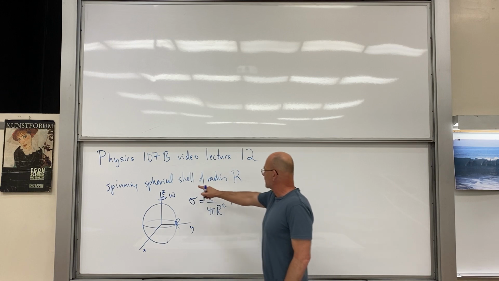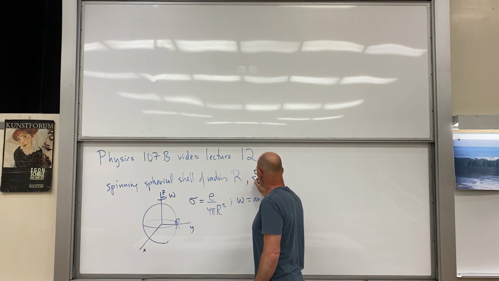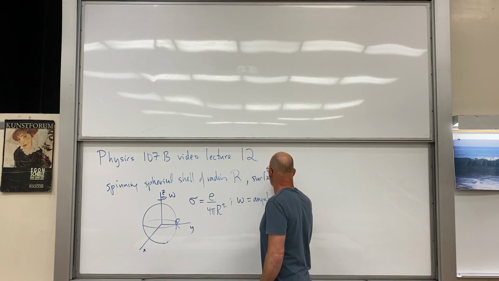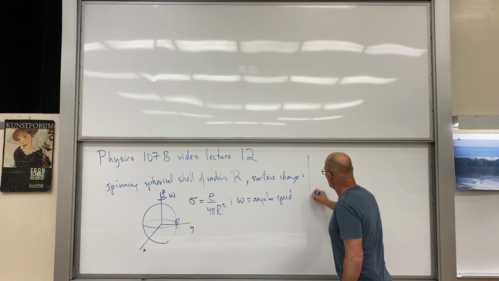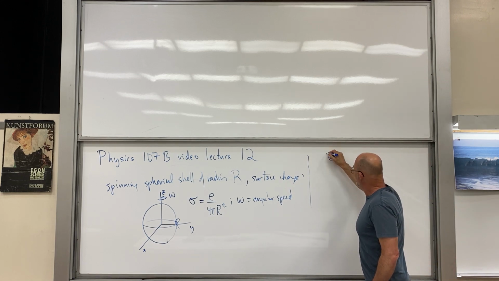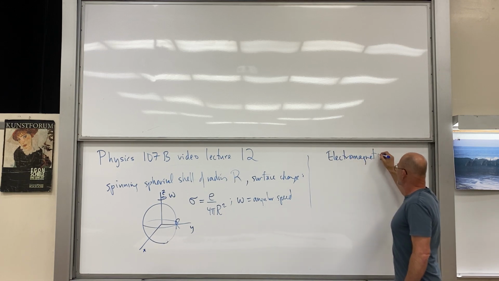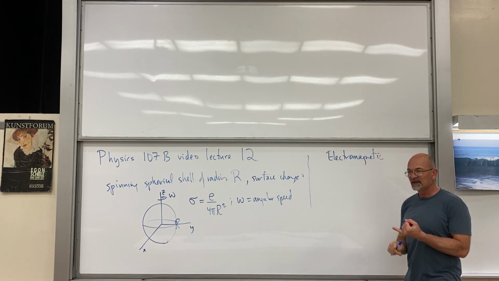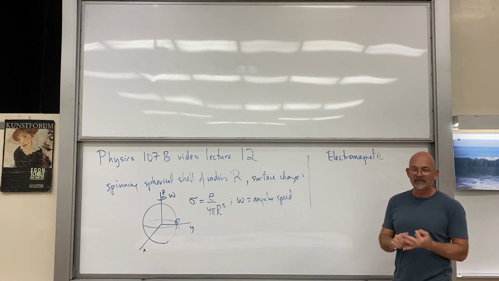So the spherical shell of radius R, with surface charge. The electromagnetic field carries, like I said, energy, so there's going to be an energy density, carries linear momentum, carries angular momentum.